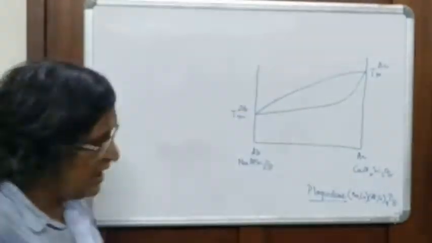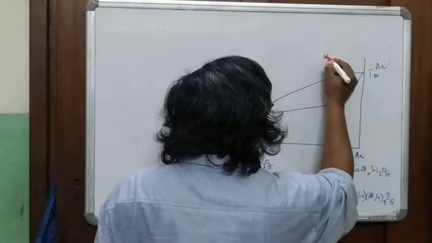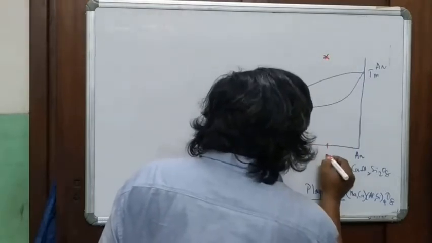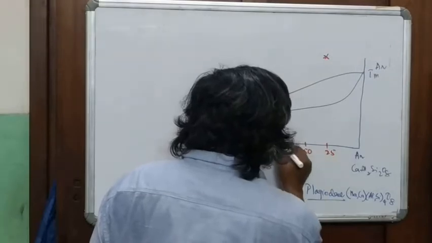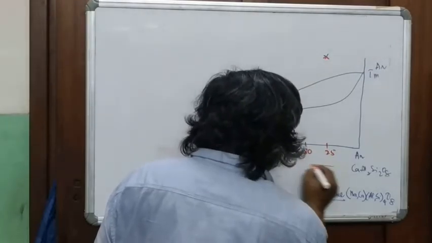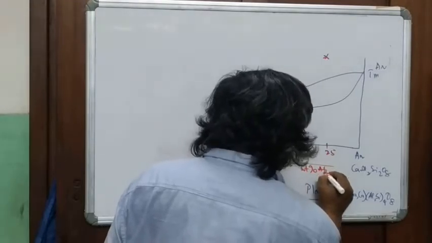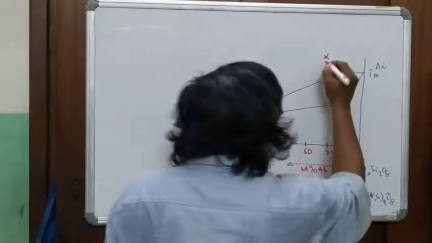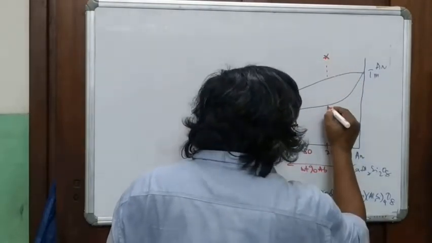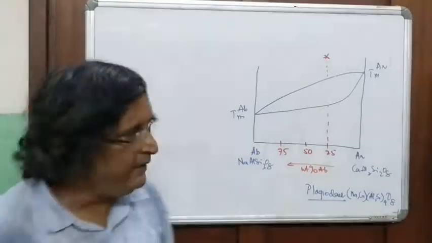We talk of crystallization. Now let's say there is a melt of this composition. So this is 50, this is 25, this is 50, and this is 75. And in this direction, weight percent albite increases. So let's say we have a melt composition positioned here, which is roughly albite 25.